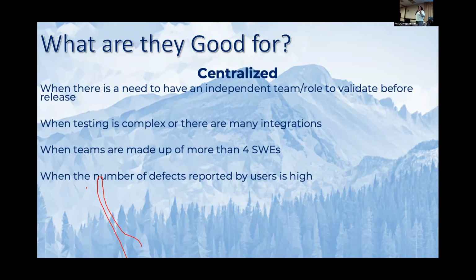And when the number of defects being reported by users or others on behalf of the users is high, that's probably a flag that you're going to be seeing more regressions. That means the developers or software engineers are likely not going to the level of regression validation that they should be.